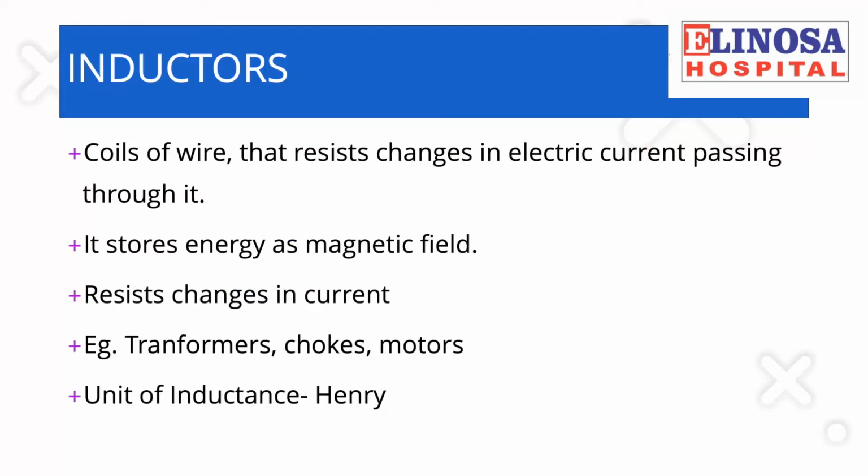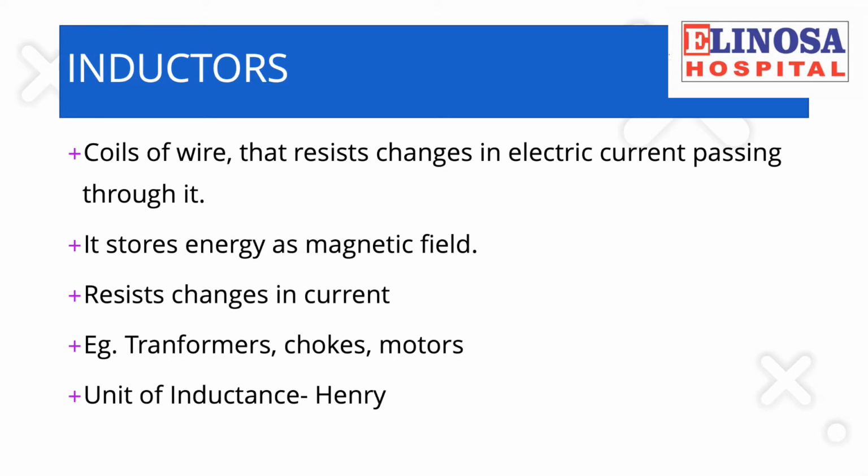Now we move on to the inductor, which is inductance. It is not of as much importance as the capacitor. You just need to understand the basics of the inductor. Inductor is a coil of wire that resists changes in electricity passing through it.